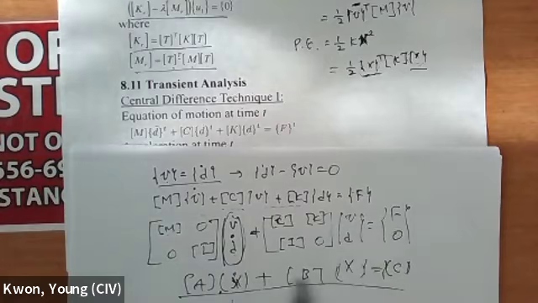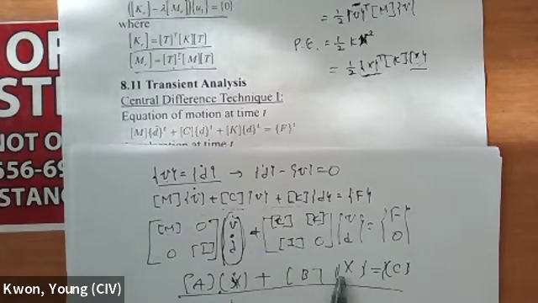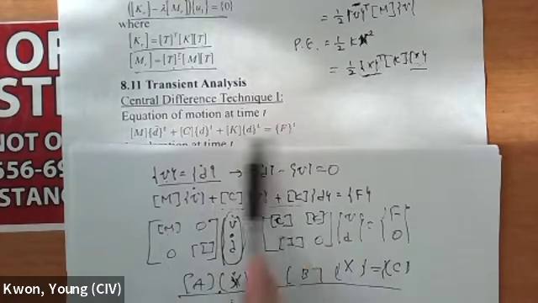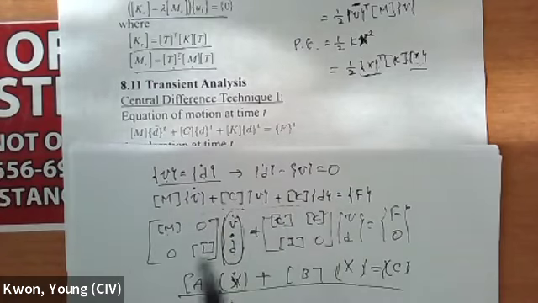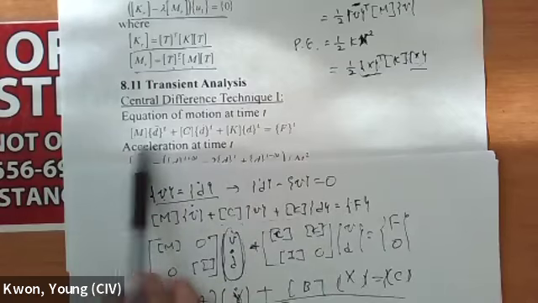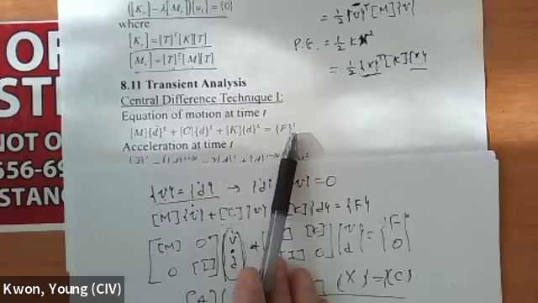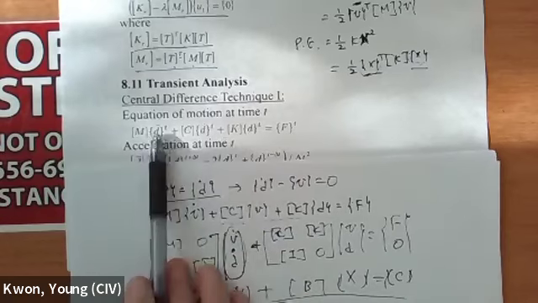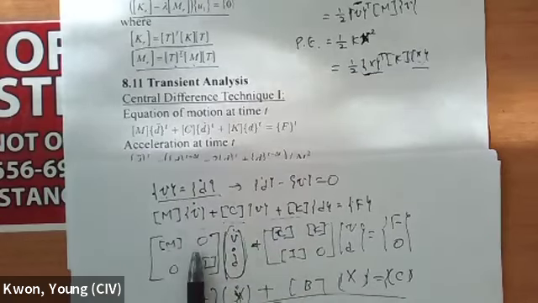But in finite element formulation of solving this dynamic equation, they usually do not use this kind of formulation. They just want to solve with this one directly. In other words, they don't want to increase the degrees of freedom to twice that of the original problem.